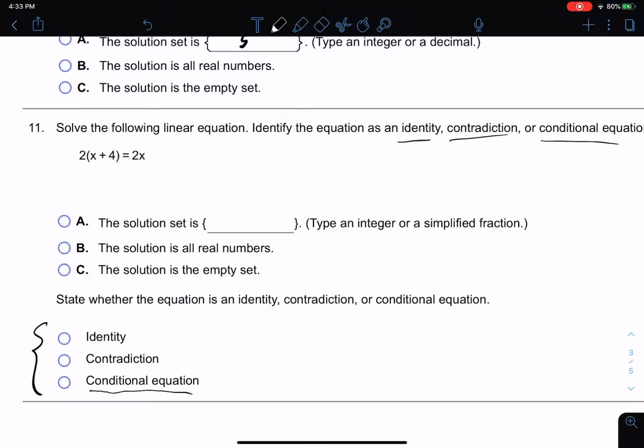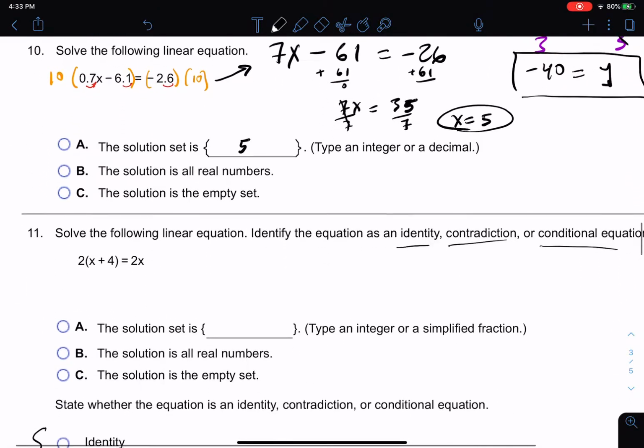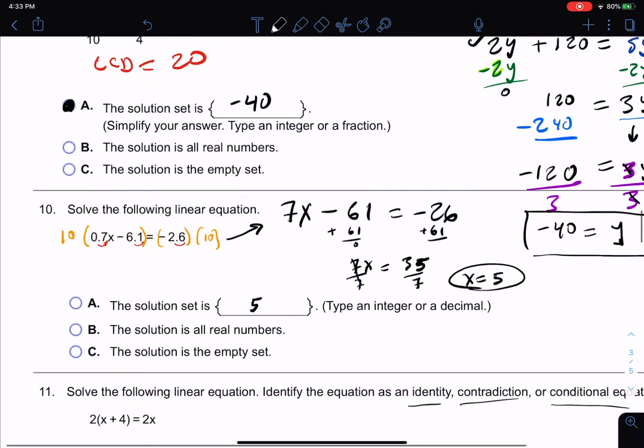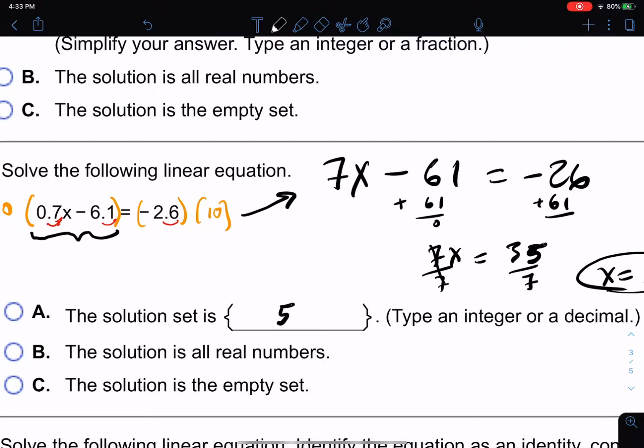So for this last problem, we can say that the left side equals the right side, not always, only based on the condition that x equals 5. So it's called a conditional equation.